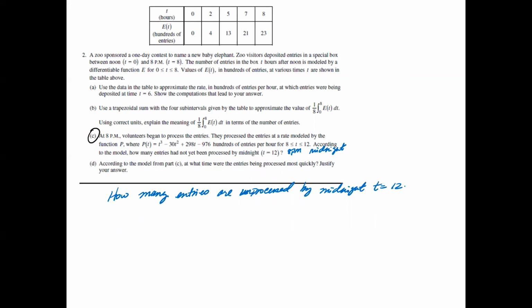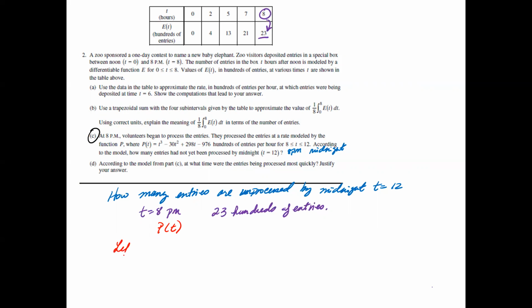Well, they're processing this at 8. So when it is 8 p.m., your number of entries is at 23 hundreds. So then looking at your rate that is processing this, you have P of t.